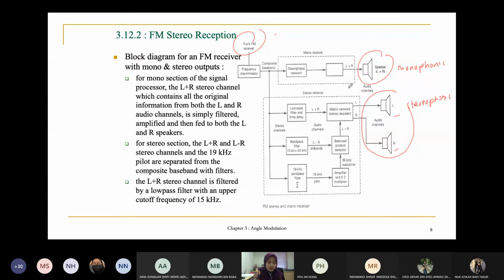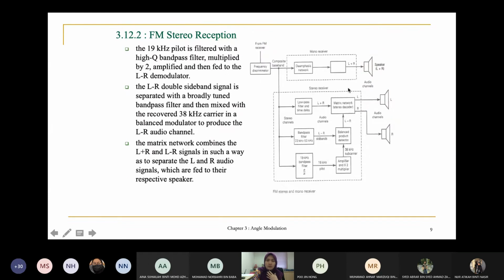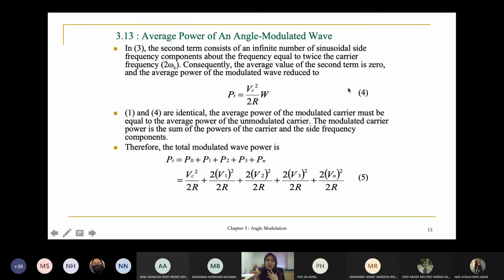Next, let's look into power measurement. How can we calculate the total power in an angle modulated wave? Remember, for an angle modulated wave, you have the power frequency spectrum, which will look something like this.